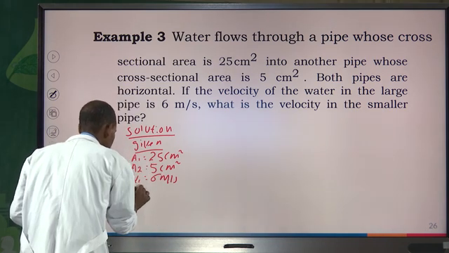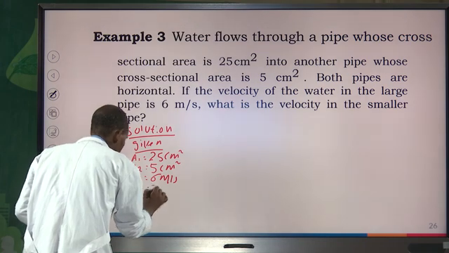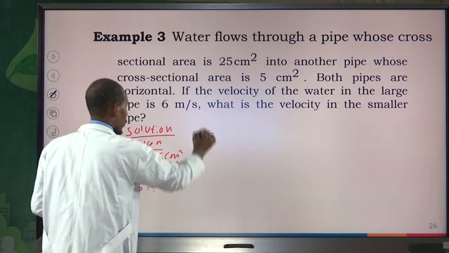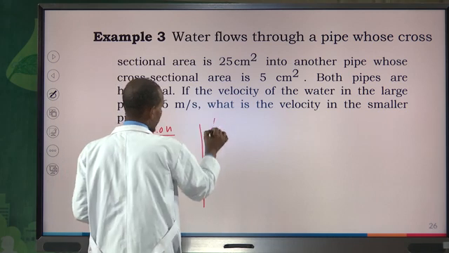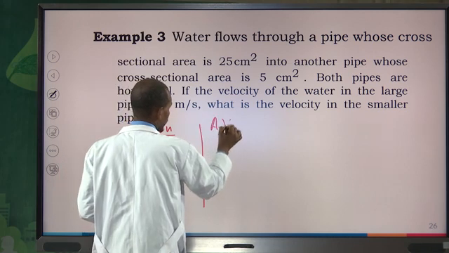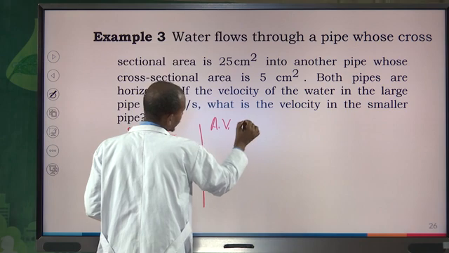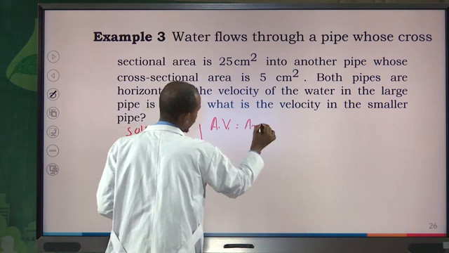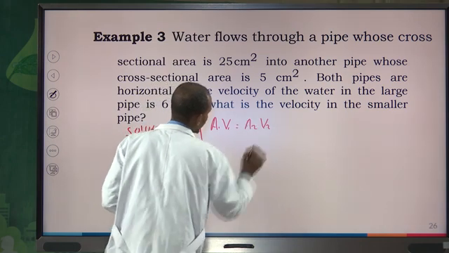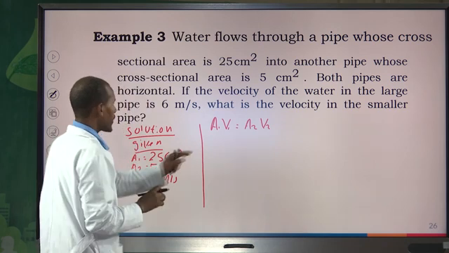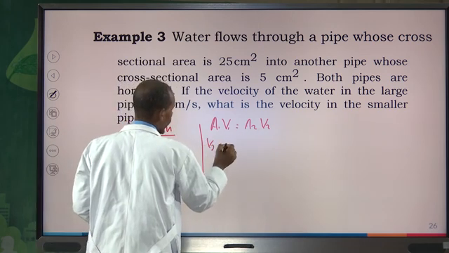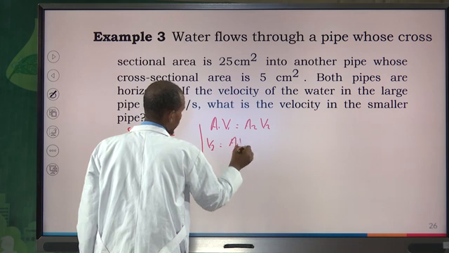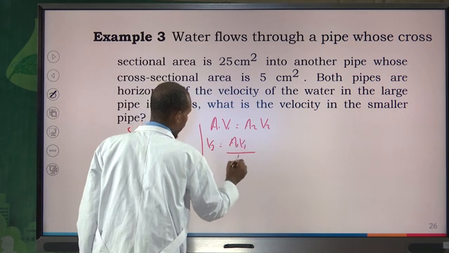The required is V2. So we can apply the equation of continuity, that is area 1 times velocity 1 is equal to area 2 times velocity 2. So the required is velocity 2, V2 is equal to area 1 V1 over area 2.